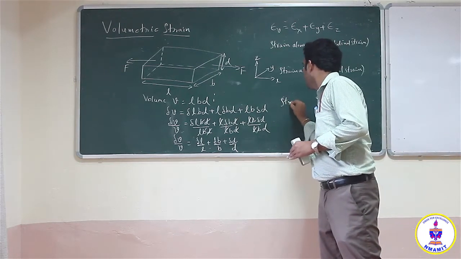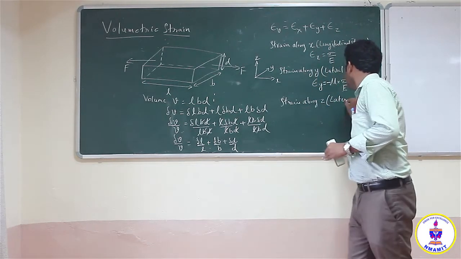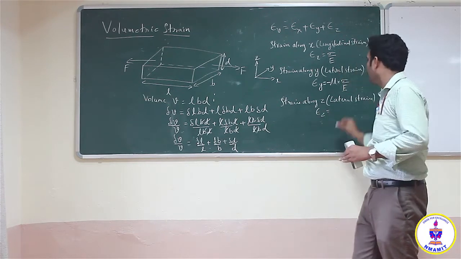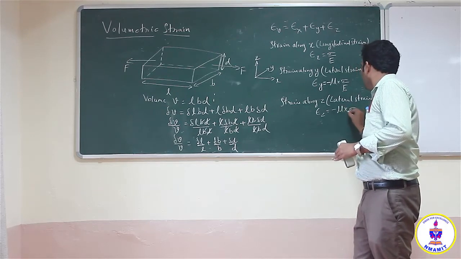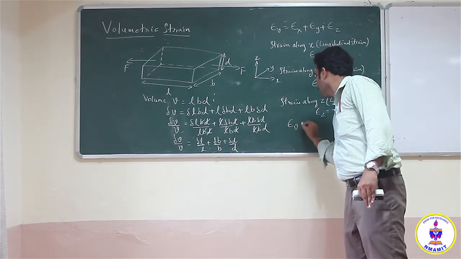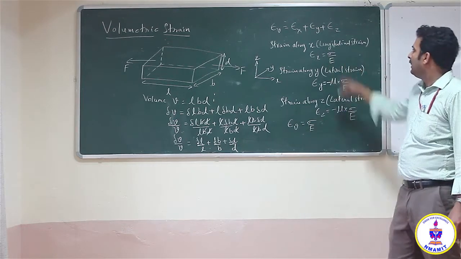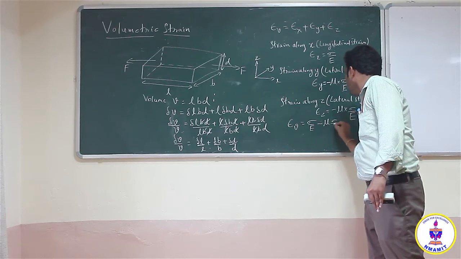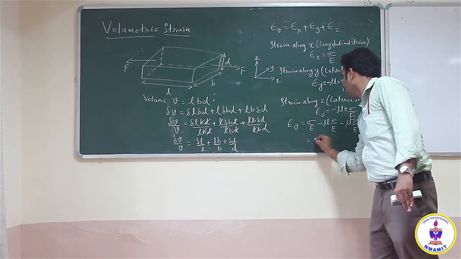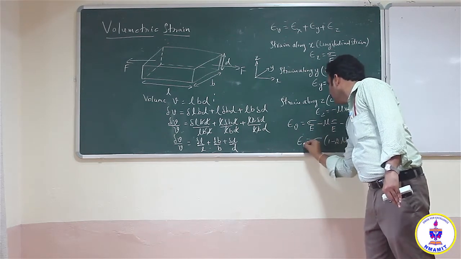Similarly, the strain along Z, which is again a lateral strain, epsilon Z, equals minus mu into sigma by E. So volumetric strain equals the longitudinal strain sigma by E, plus the lateral strain along Y, minus mu into sigma by E, plus the lateral strain along Z, minus mu into sigma by E. I can simplify it and write sigma by E into (1 minus 2 mu).